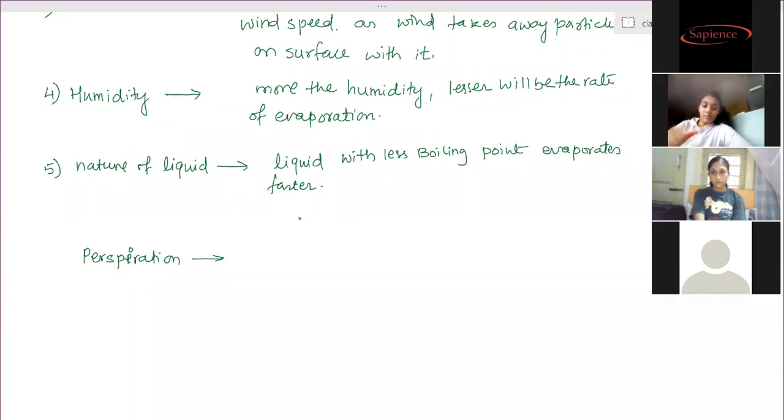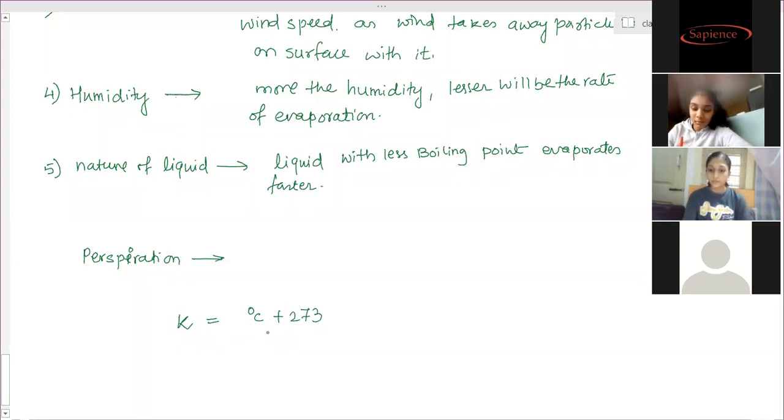Any doubt? Conversion of Kelvin to Celsius scale and Celsius to Kelvin. Temperature in Kelvin is equal to temperature in degree Celsius plus 273.